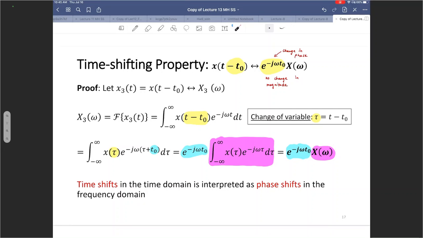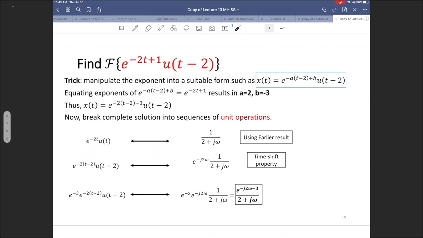No change in magnitude, only change in phase. Now, using the linearity property and the time shifting property, let us try to answer this particular example.